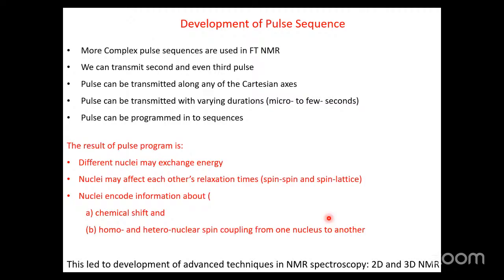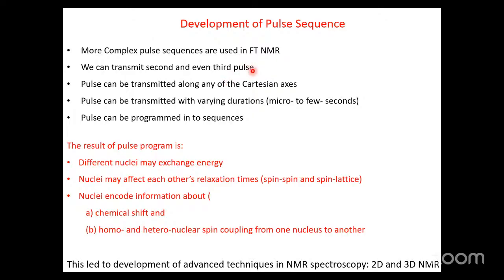Now, when we are moving from 1D to 2D, 3D spectrum, we have to develop a pulse sequence. So more complex pulse sequences are used in Fourier transform NMR.